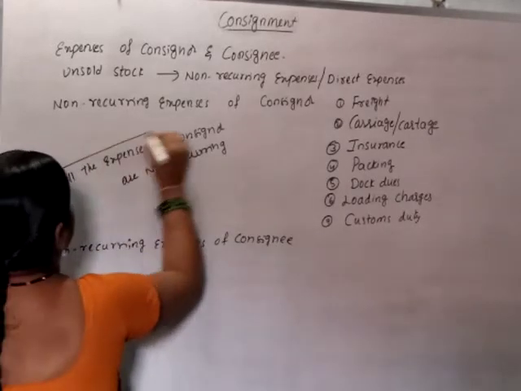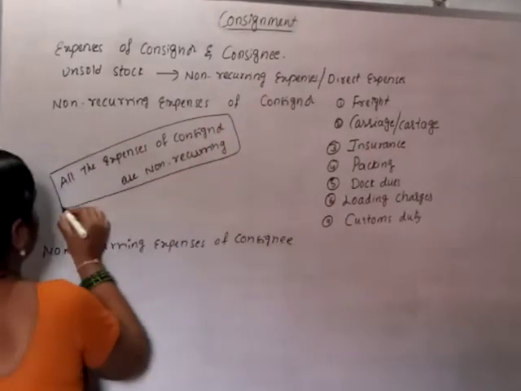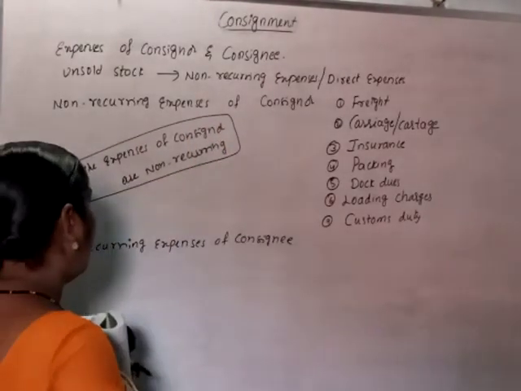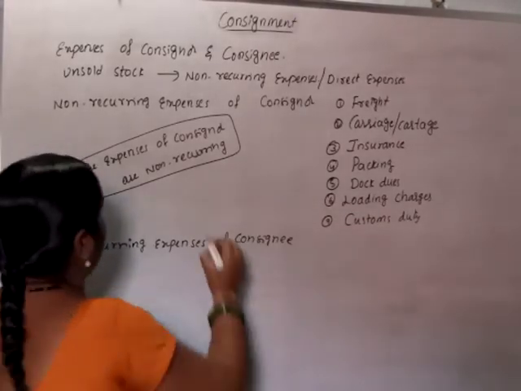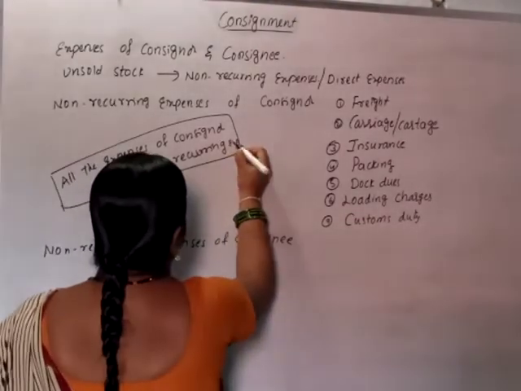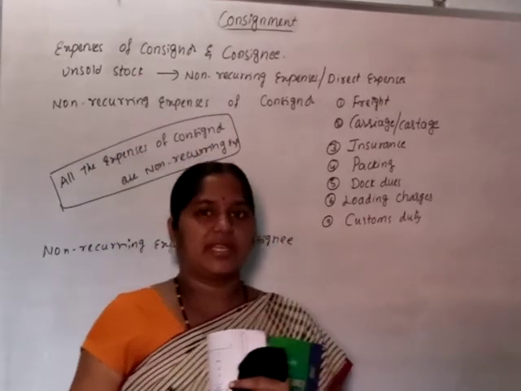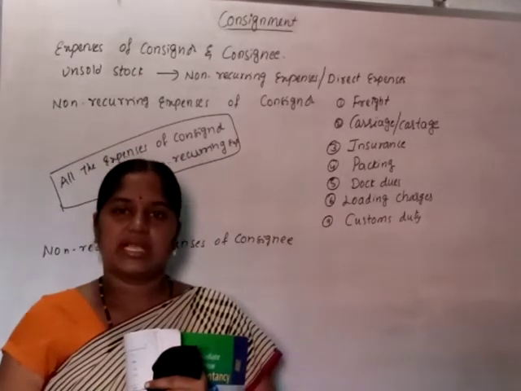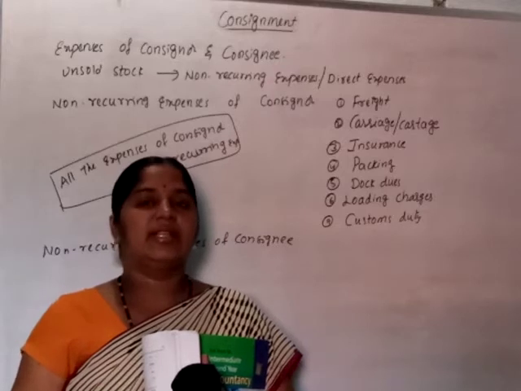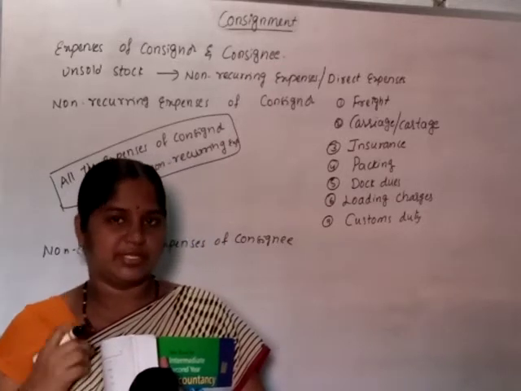In the problem, whatever expenses are given which relate to the consignor, you treat them as non-recurring expenditure only.